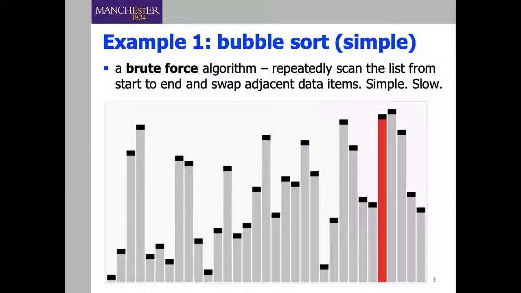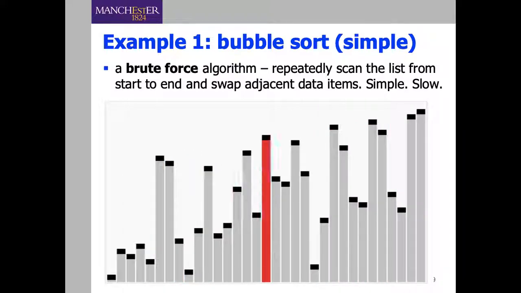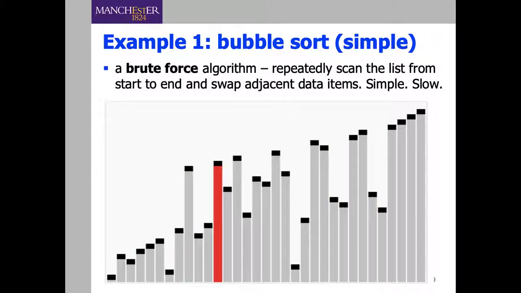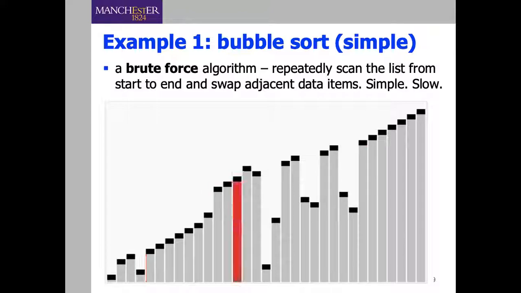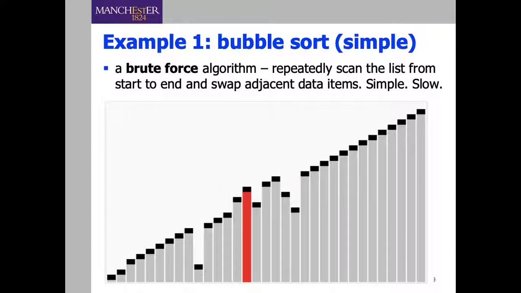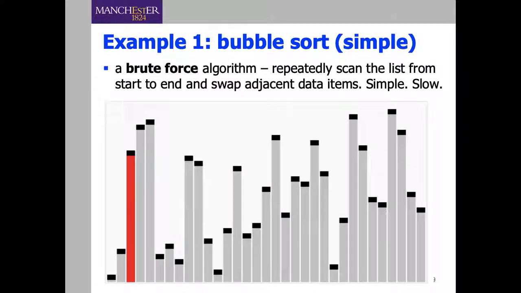What we're seeing here is a load of data, and the algorithm is very simple to describe in words. It's going from the beginning to the end of the list over and over again, and as it does so, it compares each pair of data items that it finds. And if one is bigger than the other one, it swaps them around so that they're in ascending order. Let's let it run again.